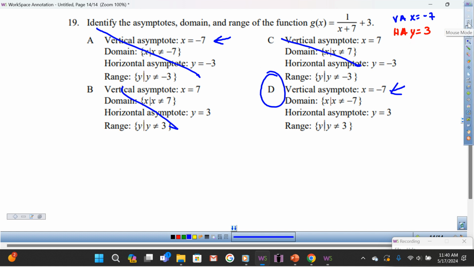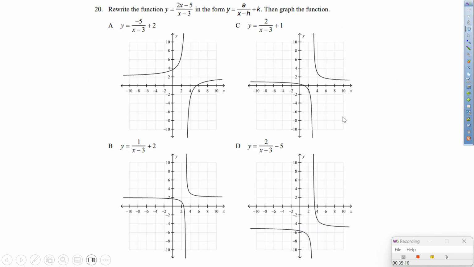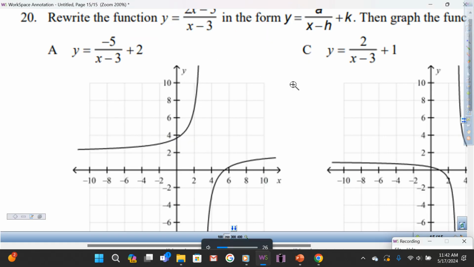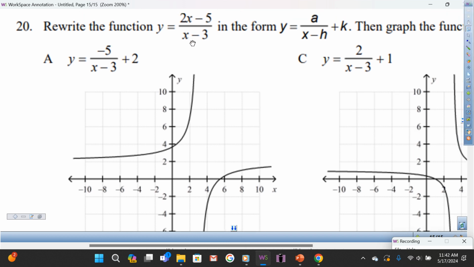All right, let's go. Number 20. It reads, let me zoom in. Rewrite the function 2x minus 5 over x minus 3. So by looking at it, can we rewrite it to look like that?